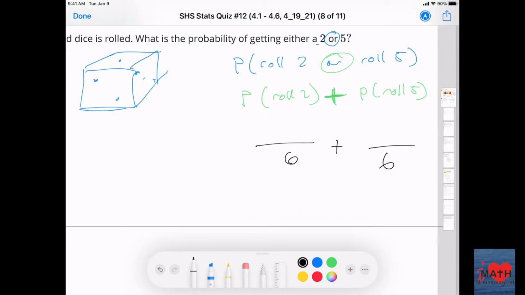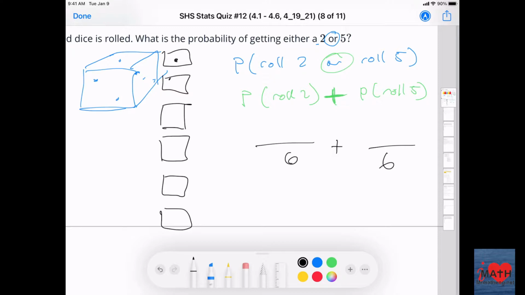And rolling a 2, there's only one 2, right? So I'm just going to make this super obvious, hopefully. Right, so here's 1, 2, 3. I'm creating all the sample space, all the different outcomes you can get when you roll the die once. And die is singular for one of these cubes.